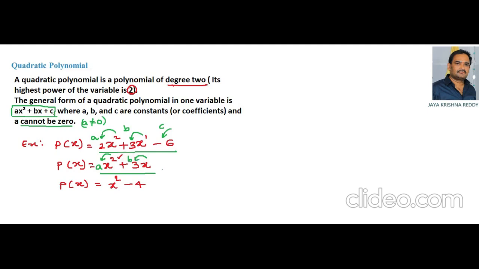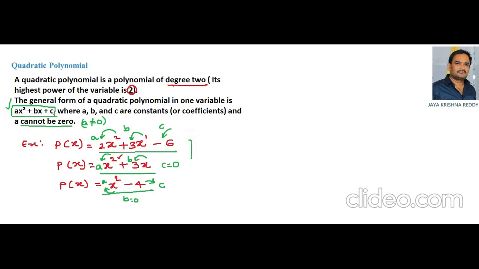Here the constant term is not there, so the c value is 0. In the last example, the coefficient of x square is 1, that is small a, and the x term is not given here, so b equals 0. b is the coefficient of x, and the constant term is minus 4, that is considered as c. In this way the quadratic polynomial general form is ax square plus bx plus c.